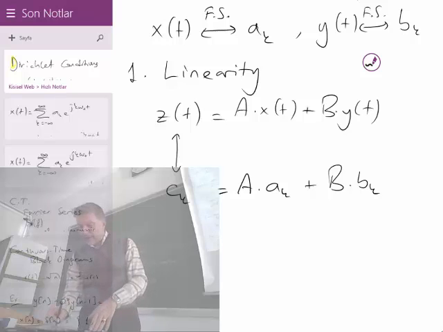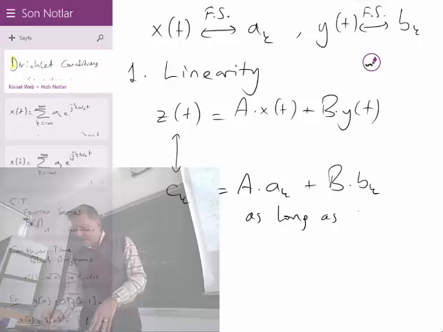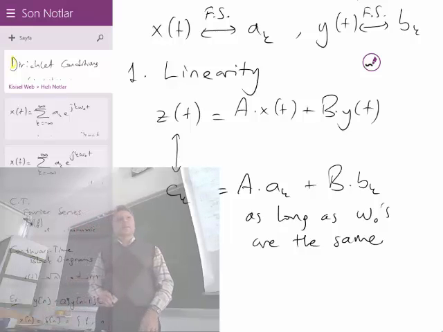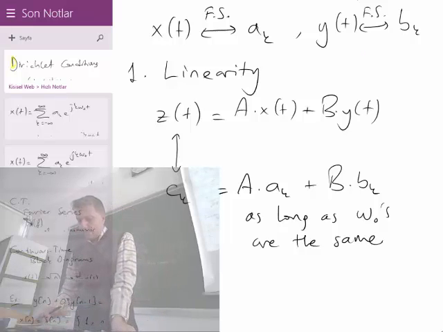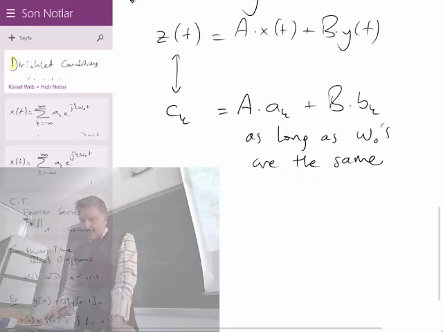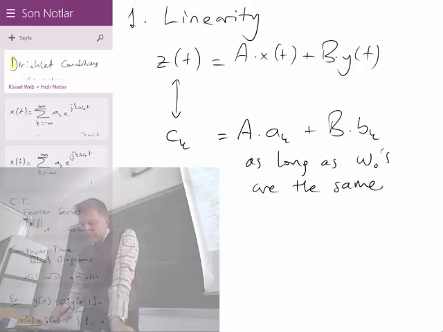This is valid as long as omega zeros are the same. Alright? So this is the linearity property.